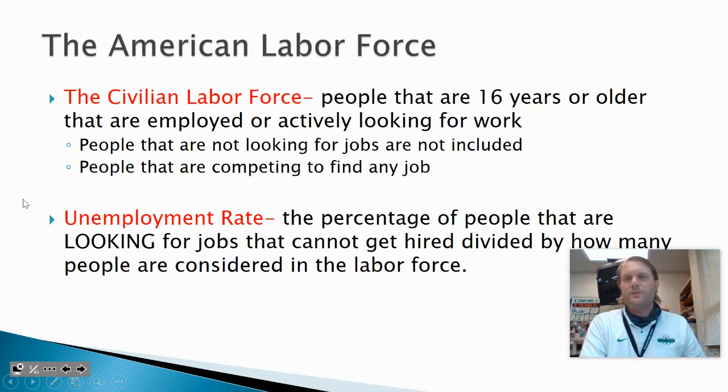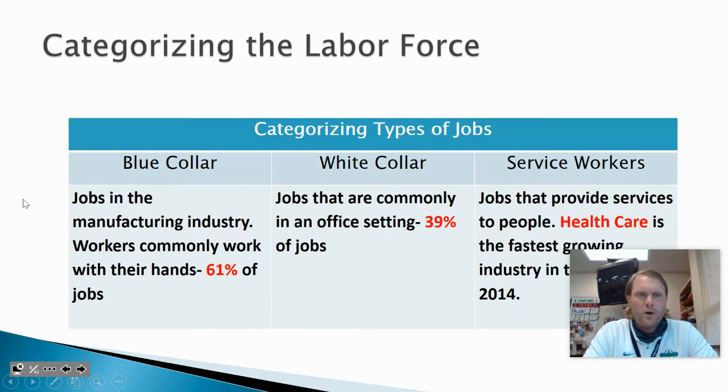Notice our age group is 16 years or older. It can disqualify people who have won the lottery and aren't looking for a job. Stay-at-home parents aren't part of the labor force right now, though they can join it once their kids go to school or whatever their situation is. But as we define it, that's who we're looking at. We'll talk much more about unemployment in a later chapter.